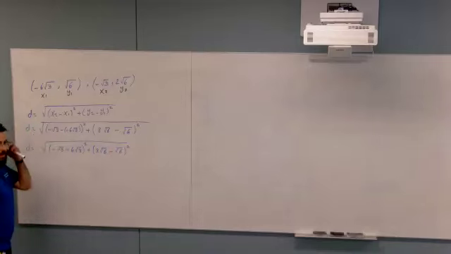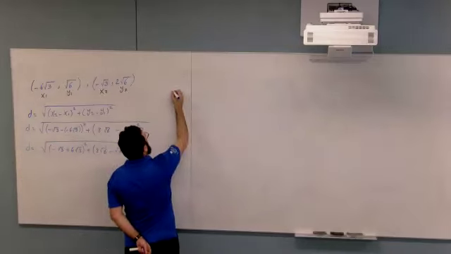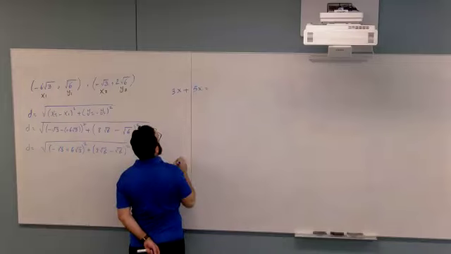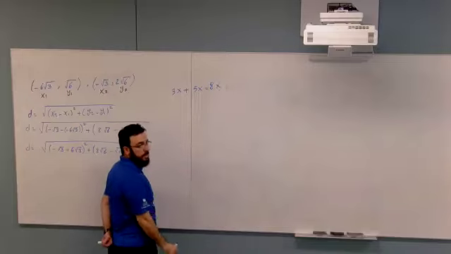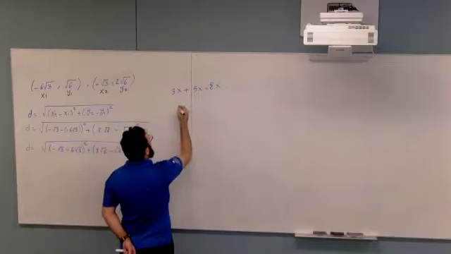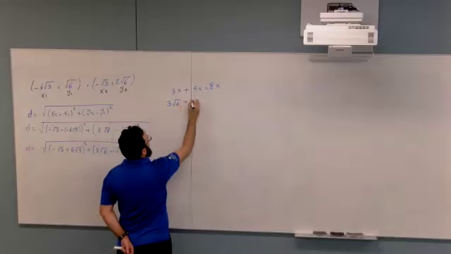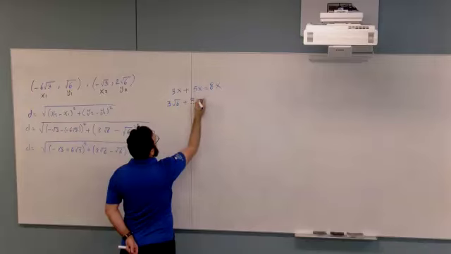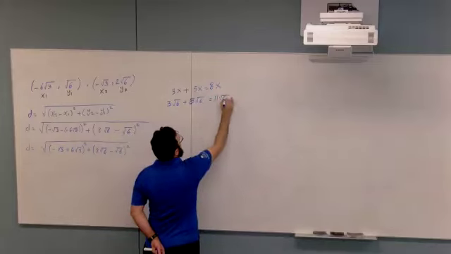Let's go back here, because I know you have a problem with adding roots. 3x plus 2x, we did that, that's 5x. The same thing with the root: 3 square root of 6 plus 8 square root of 6 equals 11 square root of 6.